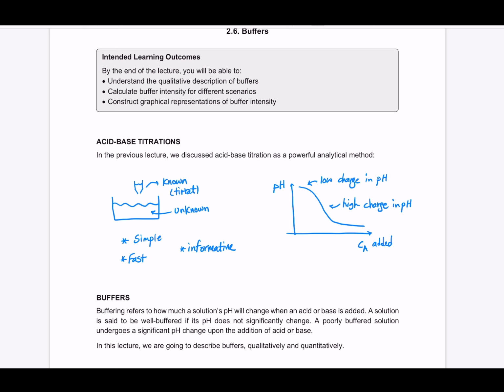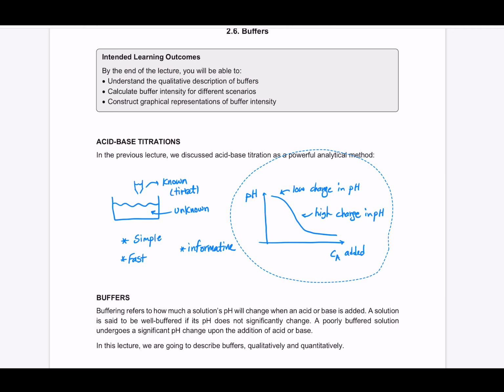So in this lecture, we're going to talk more specifically about the change in pH as a function of Ca. We're looking more specifically at what it means quantitatively and also why we have such behavior when we add a specific acid. So this will be the focus of this lecture.